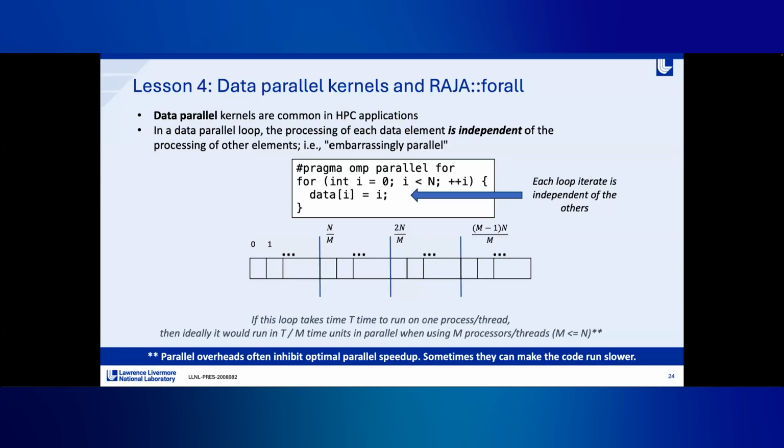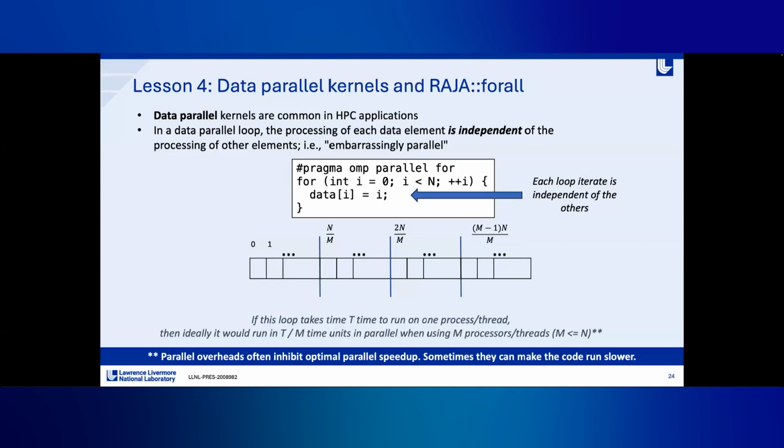And this slide has an example of how you would parallelize this with OpenMP, the simple pragma omp parallel for statement. And we're going to show how you can do this in the same way using RAJA. And this little diagram at the bottom just shows how the parallelism is actually working.